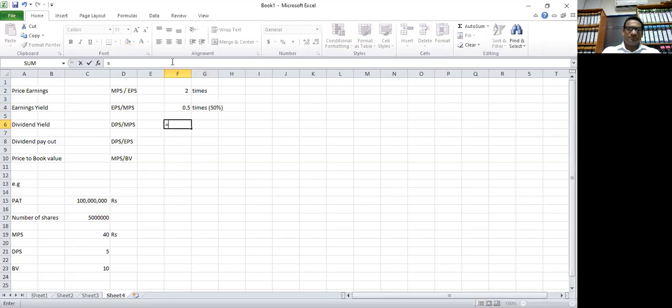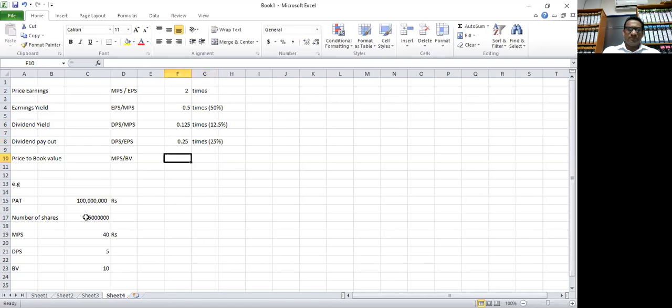Then dividend yield is DPS over MPS, 0.125 times, or 12.5%. Dividend payout is DPS over EPS, 0.25 times or 25%.